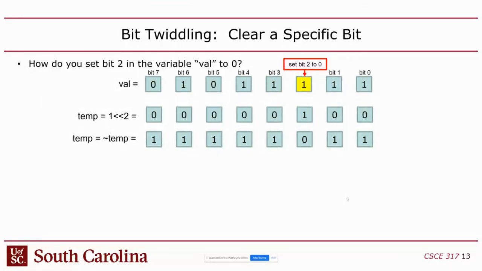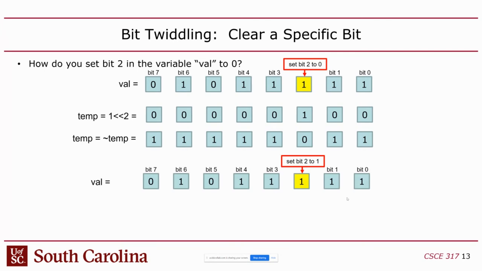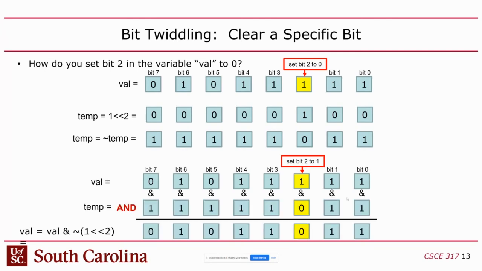Okay, so now the difference is that if we want to set a bit to 0, we have to take an extra step. You have to do a bitwise complement, which in C is the tilde operator, and basically flip all the bits from 0 to 1 and from 1 to 0. So that way, bit 2 is 0 and the other bits are 1. And then instead of a bitwise OR, you do a bitwise AND.